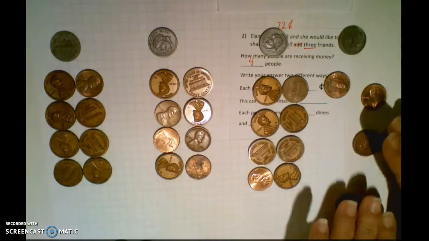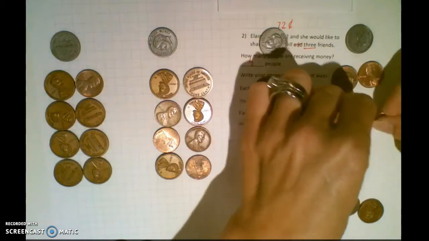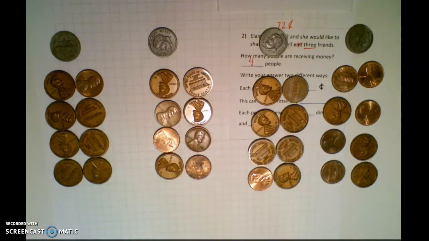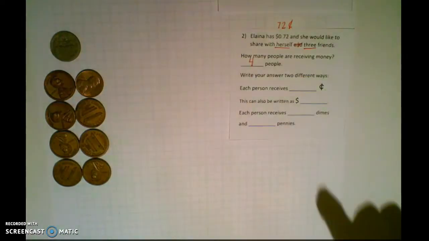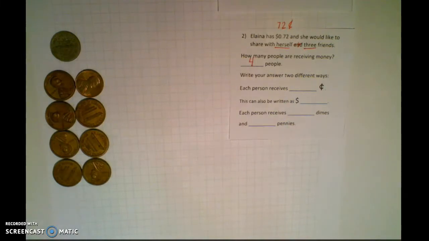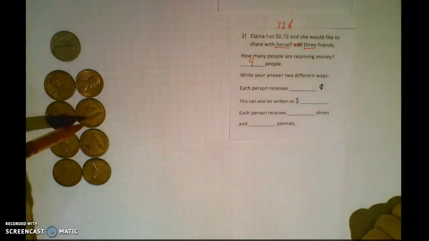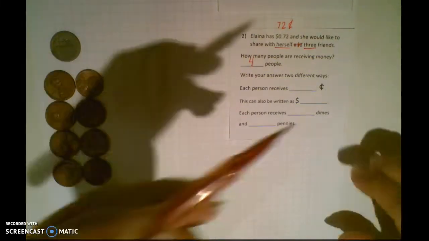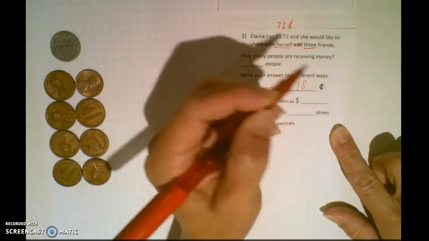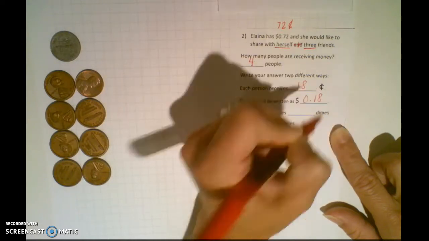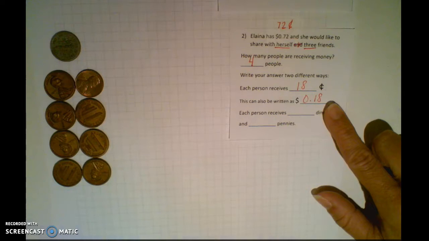So each person is going to get 1 dime and 8 pennies. I have 4 equal groups now. So let's look at just one of those groups. Each person is going to receive how much? 10, 11, 12, 13, 14, 15, 16, 17, 18 cents, or written as a decimal with the dollar sign, $0.18.